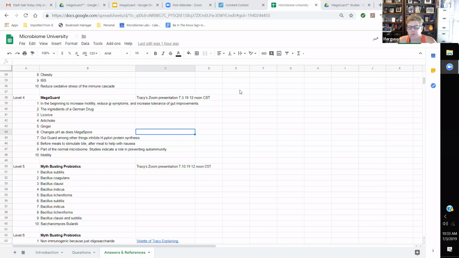Does the MegaGuard help with the bile stones or gallbladder stones? It's going to help with flow. The gallstones, like kidney stones, like atherosclerosis, you're looking at a calcium issue. You're looking at that vitamin K2 product.